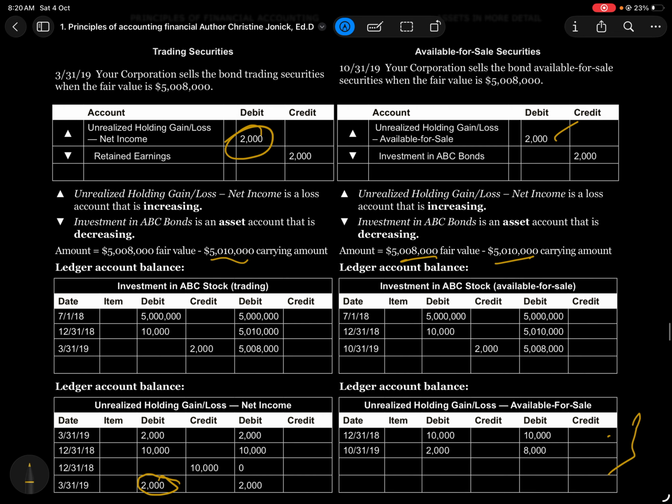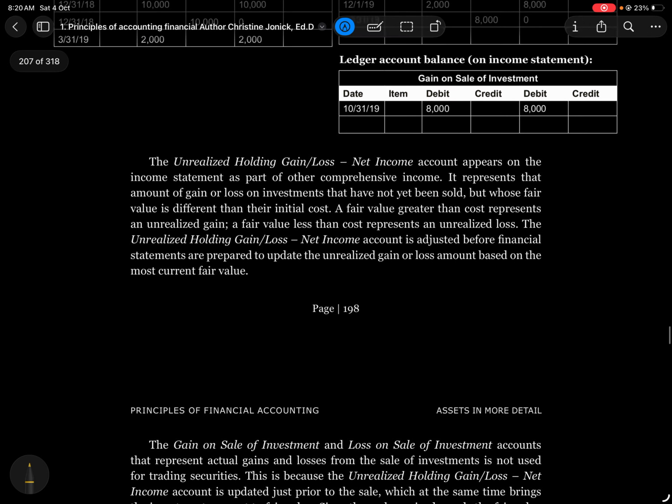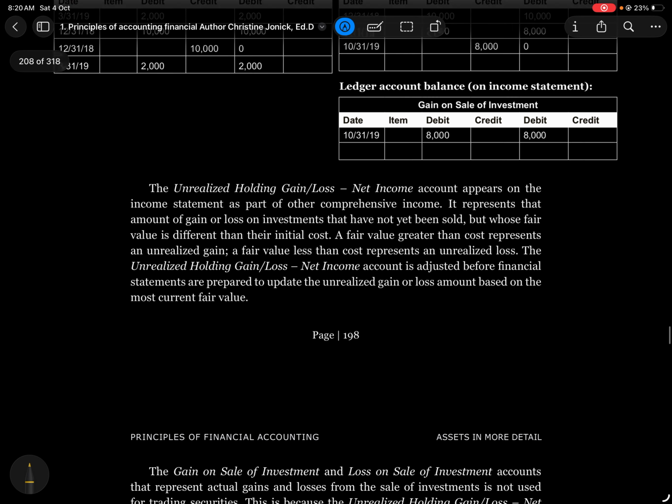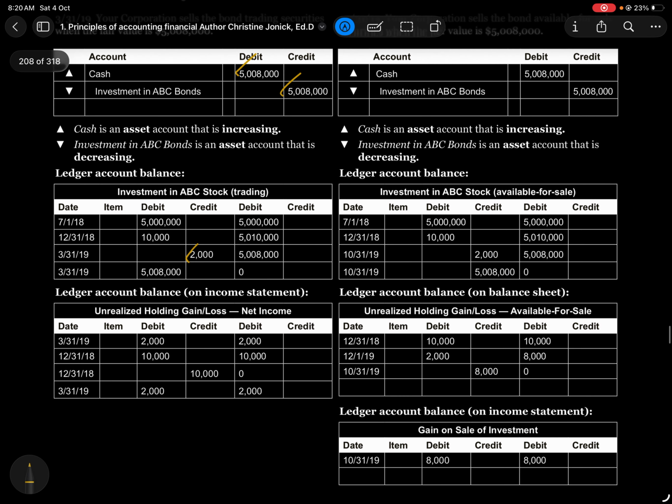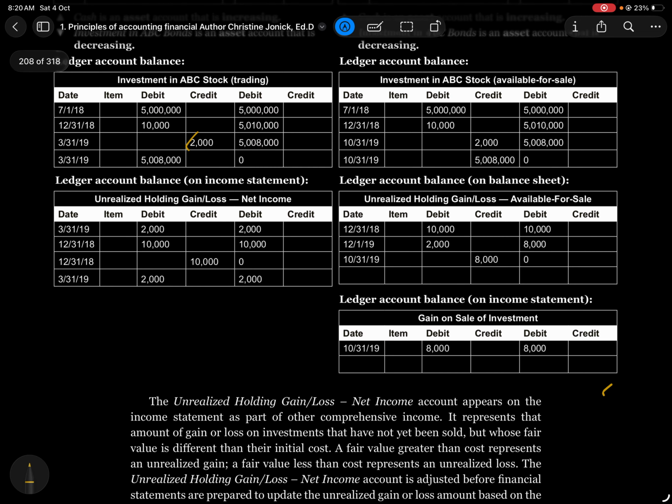Right, so similarly in the other case as well, we will need to account for the same thing.